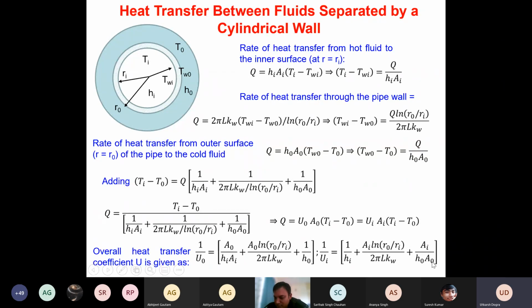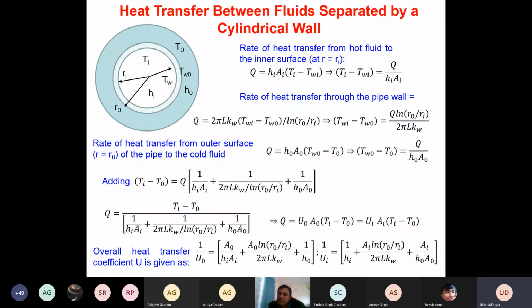And this Ai again will be what? Pi Di L, where L is the length of the pipe and Di is the inner diameter of this pipe. Is it clear to everyone?